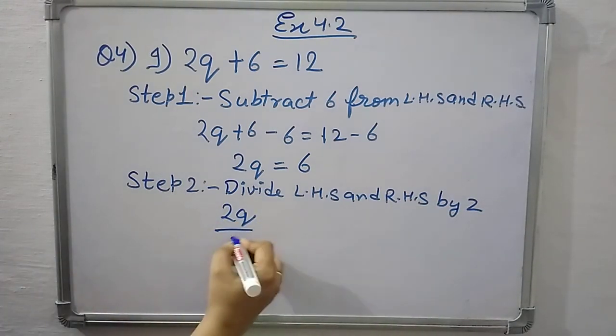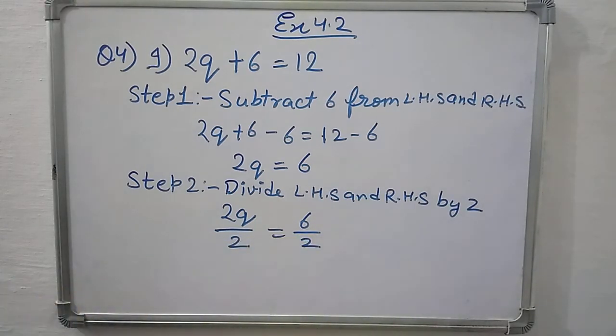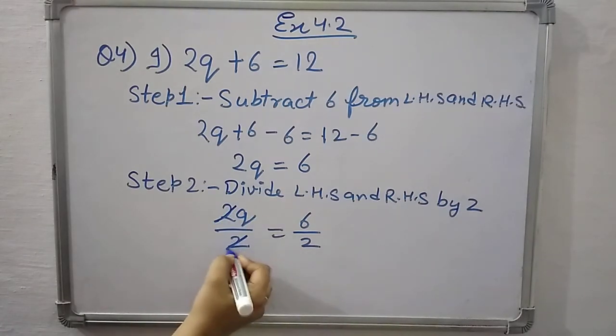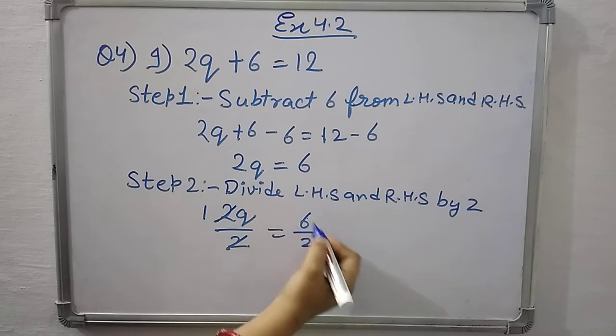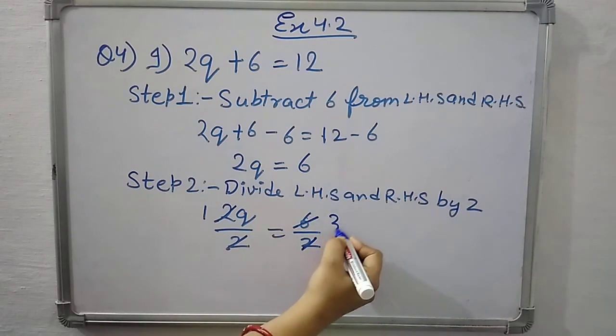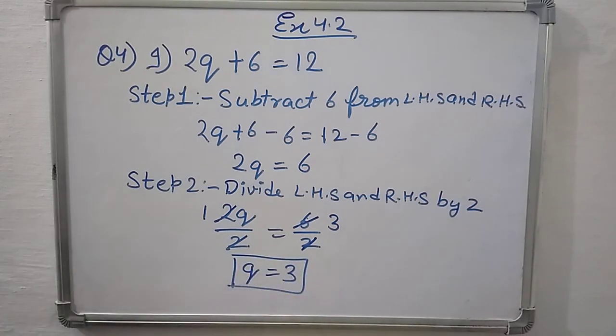On dividing LHS and RHS by 2, we get equation like this. So this 2 get divided by 2, giving quotient as 1. On dividing 6 by 2, we get quotient as 3, which says Q is equal to 3. So Q equal to 3 is the solution of our equation 2Q plus 6 equal to 12.